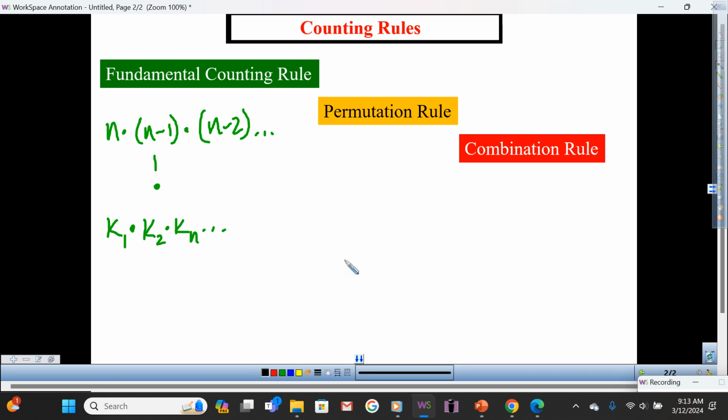How about permutation? Remind your neighbor permutation. Pass that one, Joseph. Chelsea. Factorial.